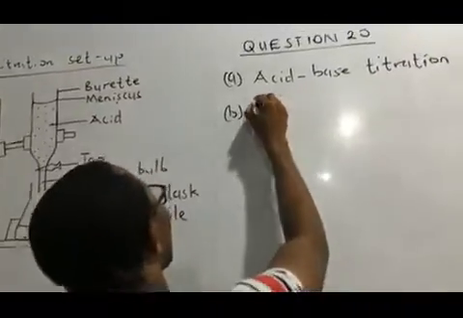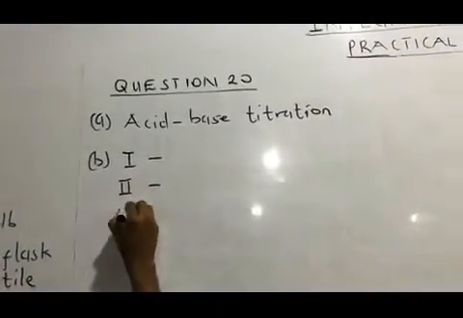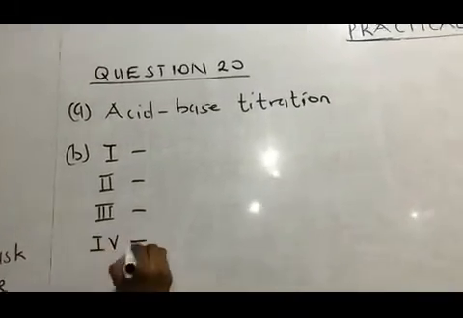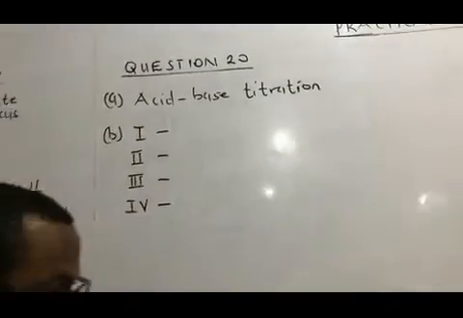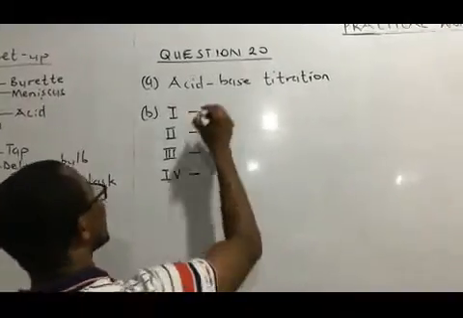So you have I, and then you have the IV. Your I, in this case, is the retort stand.